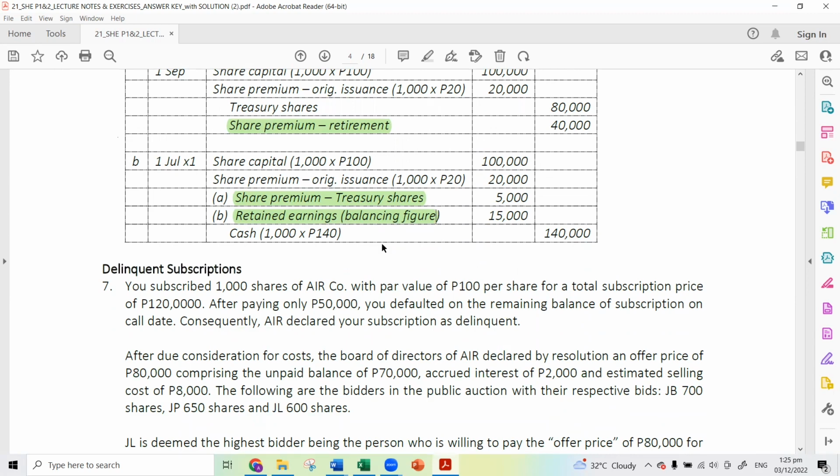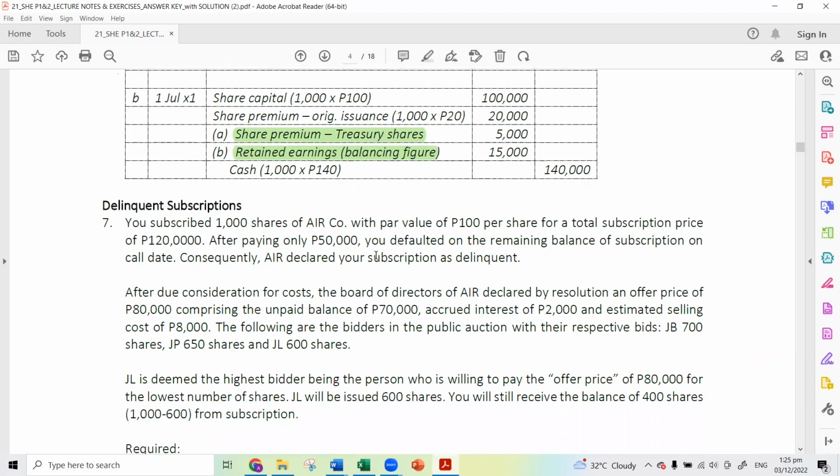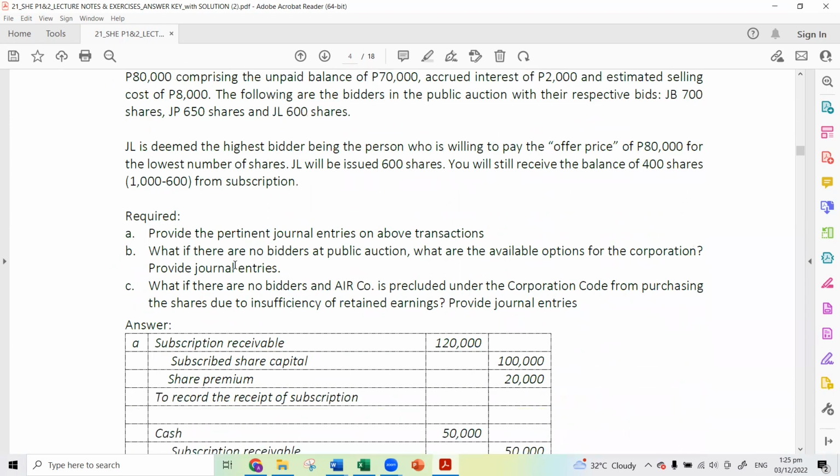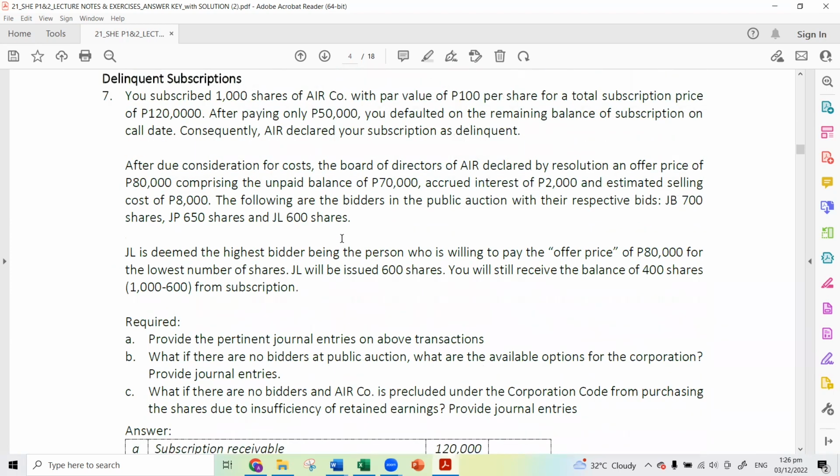So let's move to delinquent subscriptions. Okay? Paliwanag ko na lang klase yung concept ng delinquent subscriptions. Yung delinquent subscription, under the Corporation Code kasi, kapag yung subscription ay hindi pa bayad, no?